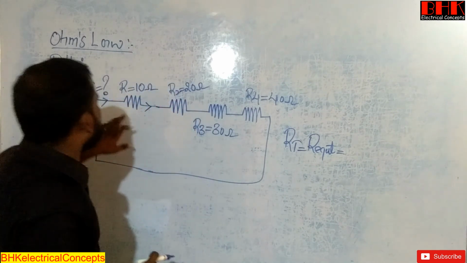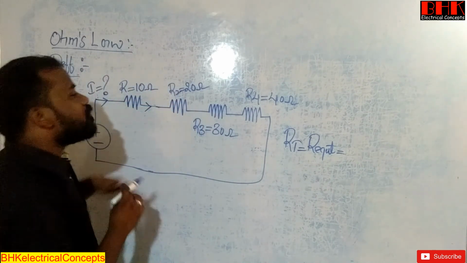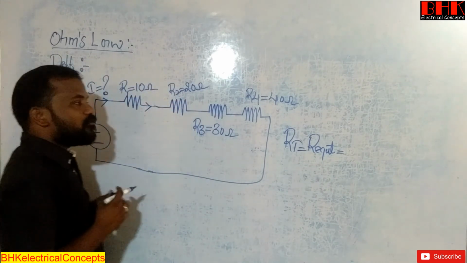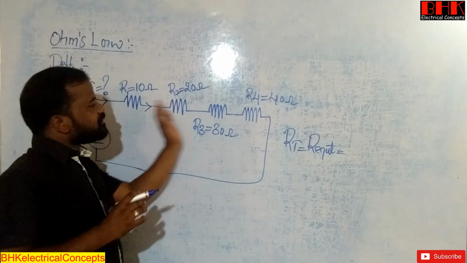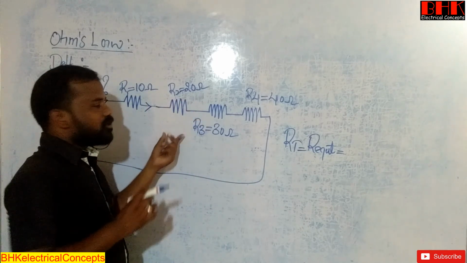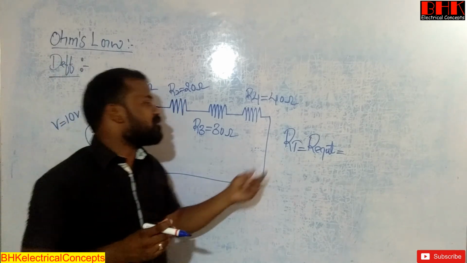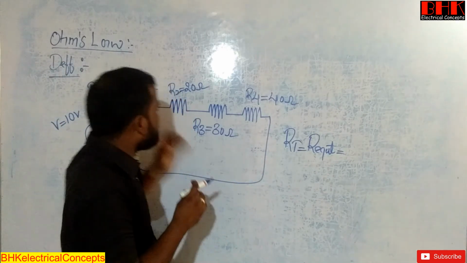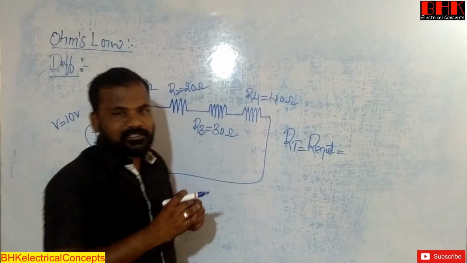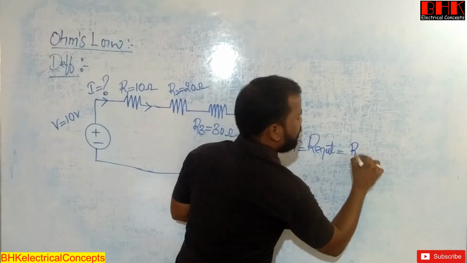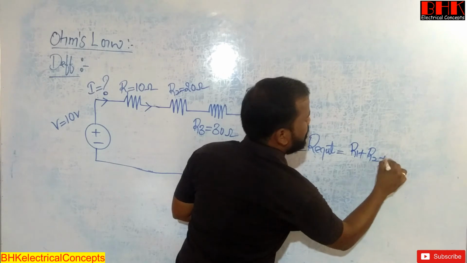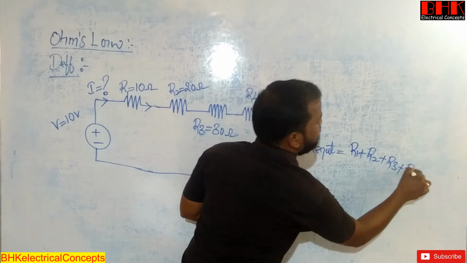We have R1, R2, R3, R4, all connected in series, so we directly add all 4 resistances: R1 plus R2 plus R3 plus R4.